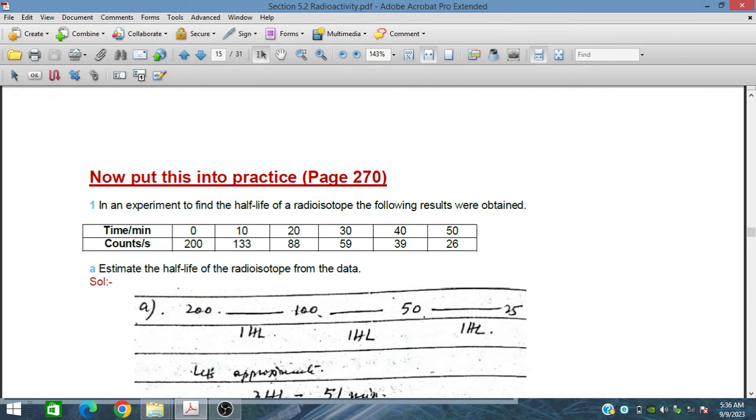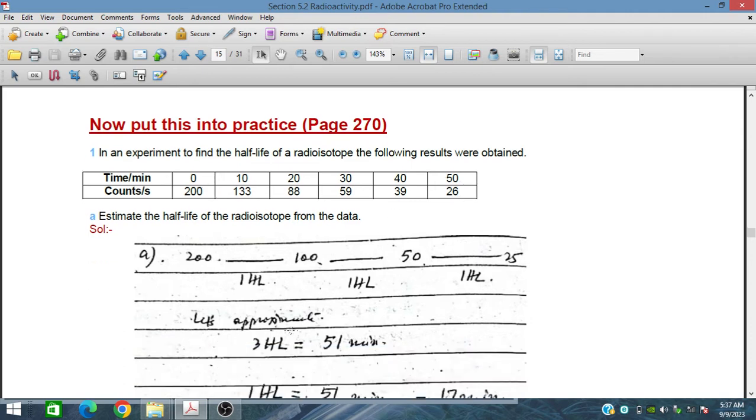So after one half-life, this 200 will decrease to 100, and this 100 will decrease to 50, and this 50 will decrease to 25. So this shows that the value is nearer to 25. So this is basically 3 half-lives.